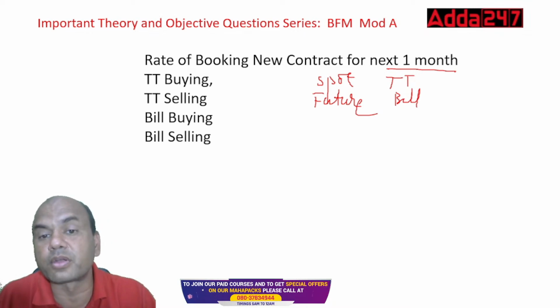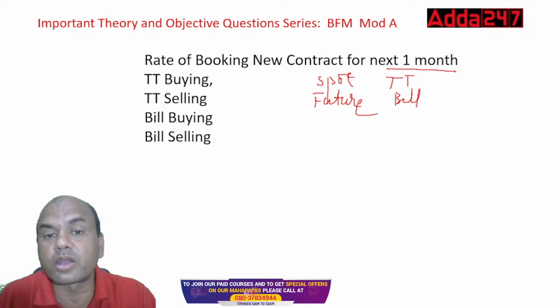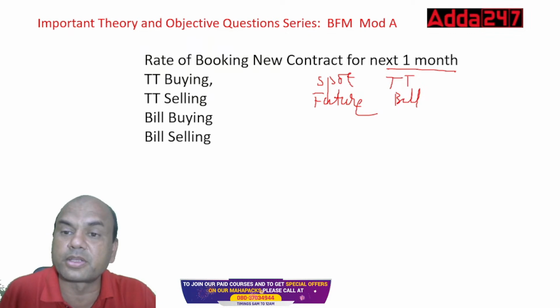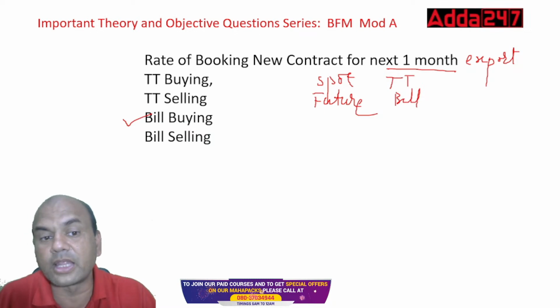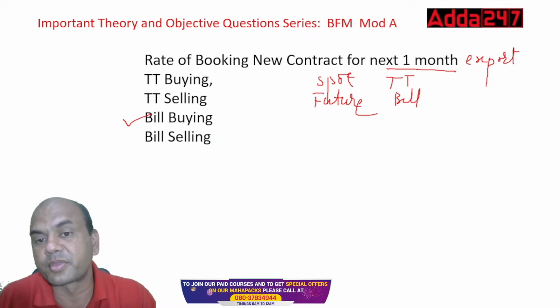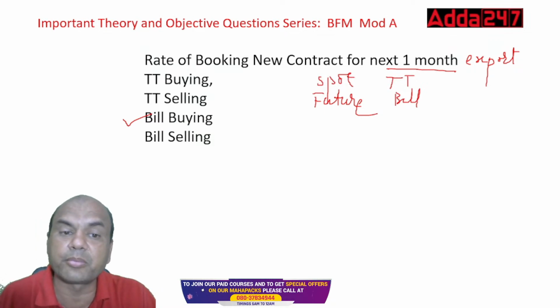Booking a new contract for 1 month, which contract? Suppose I say export contract. Export means buying, so I'll be using the bill buying rate. If it's import, then I'll be using the bill selling rate. So if the next 1 month export question is given, you'll be doing it at the bill buying rate.